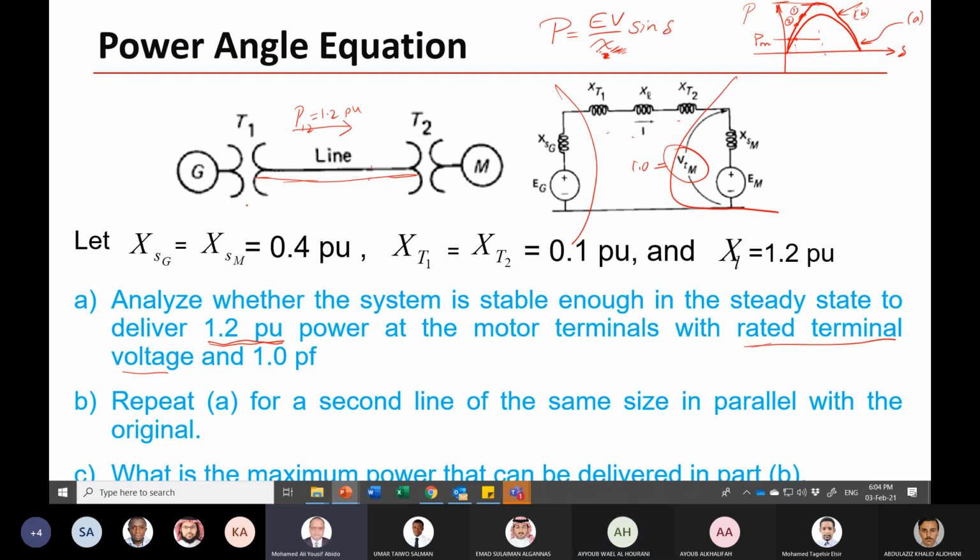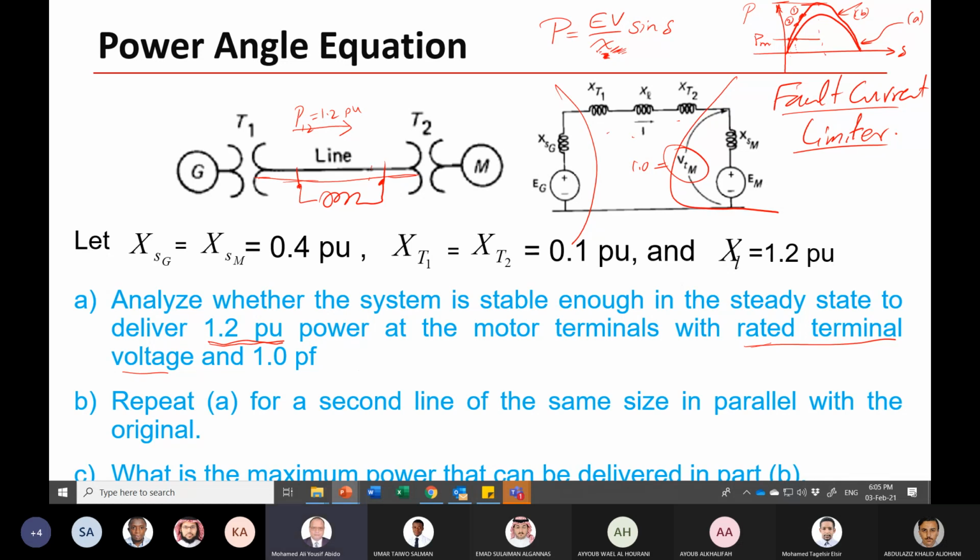Yes, we can reduce the fault current. There is a device called a fault current limiter. When we have a fault, this device can limit the current by inserting an impedance here, in parallel. If we have a high fault current, this impedance will come into the picture.